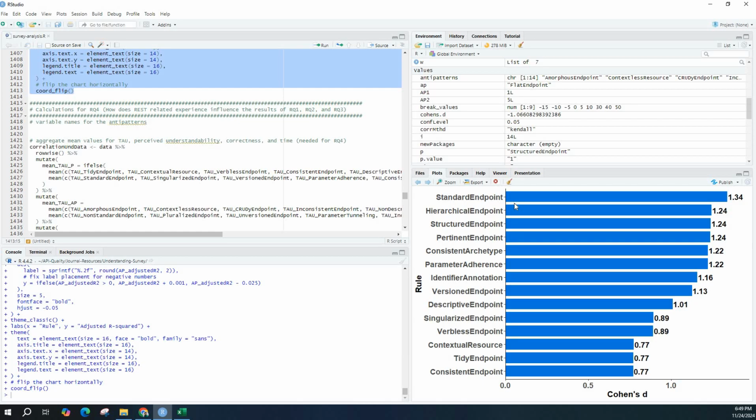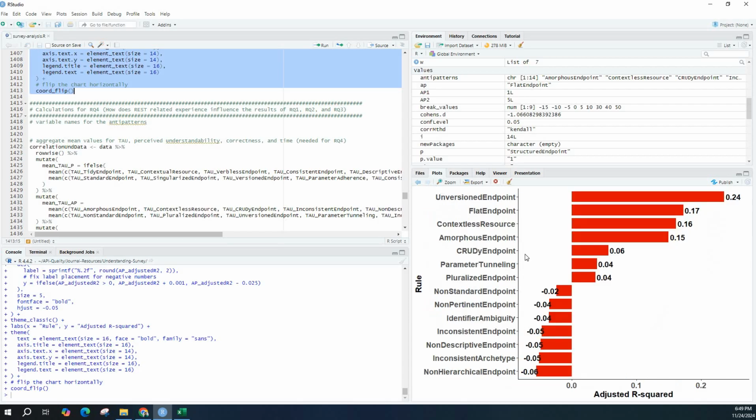And we also had a figure like this. This also regenerates the effect size of different rules on the understandability, and as you can see, the effect size is quite large. And this is the adjusted R square error.